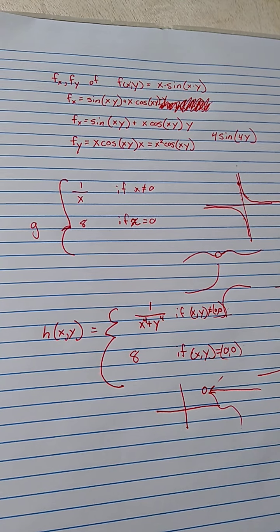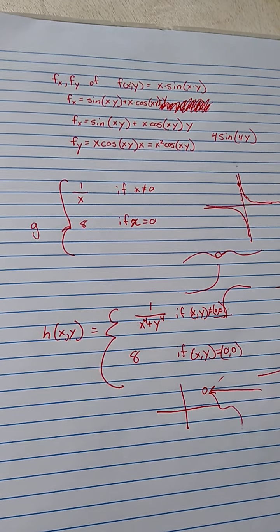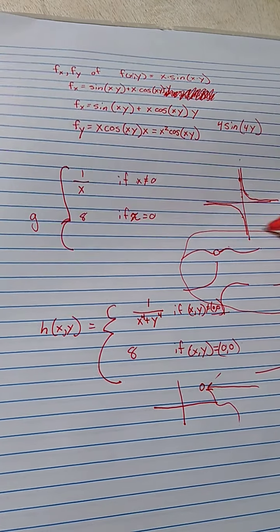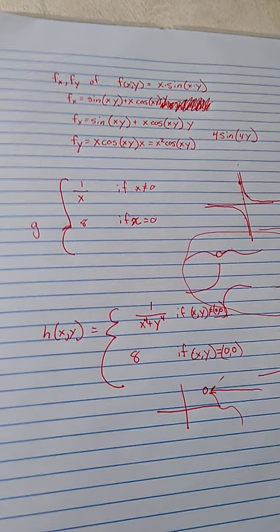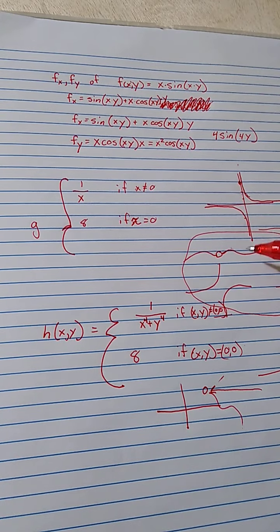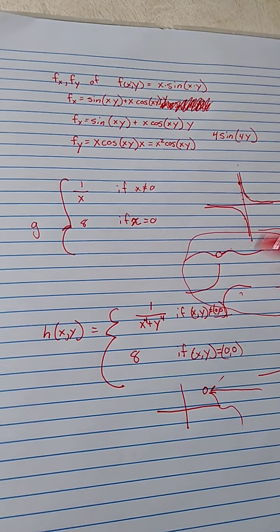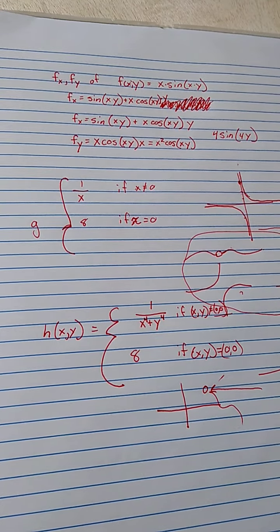I can go in any direction. And by going in that direction, I'm going to encounter one of these discontinuous situations. So to show it's discontinuous, it's enough to pick any line that goes through that point that shows that it's discontinuous. So the trick is to pick the easiest line possible.